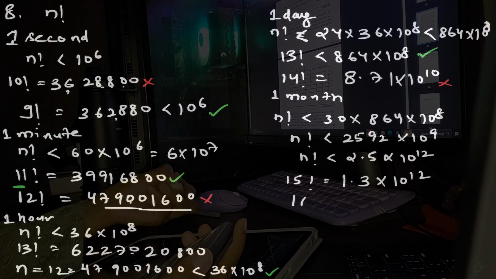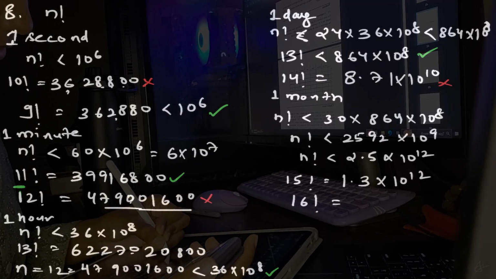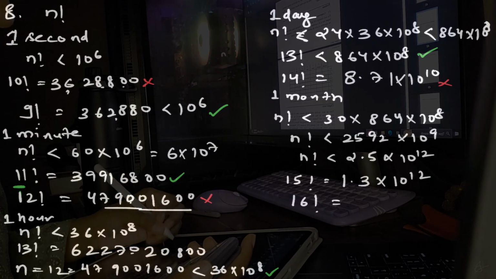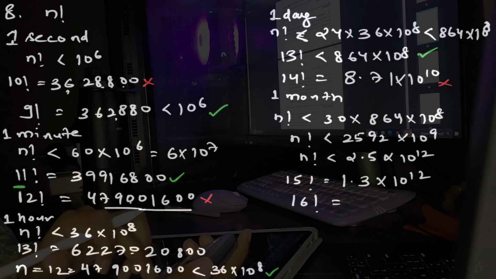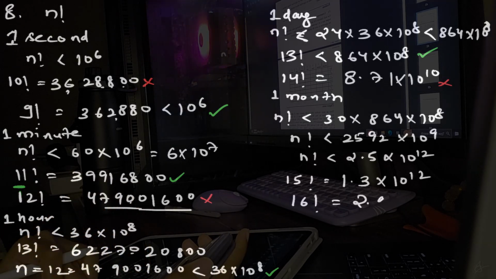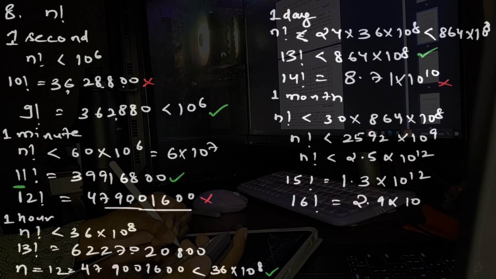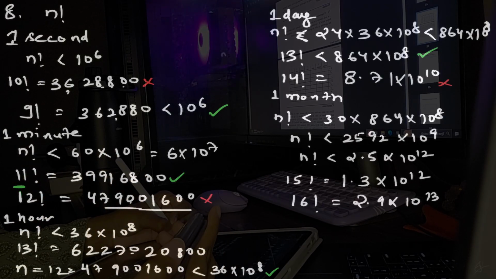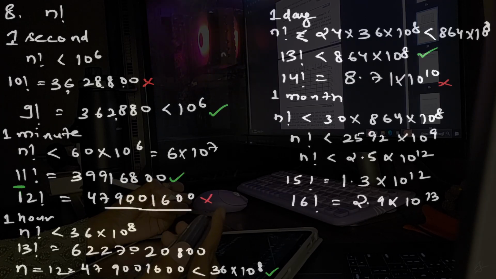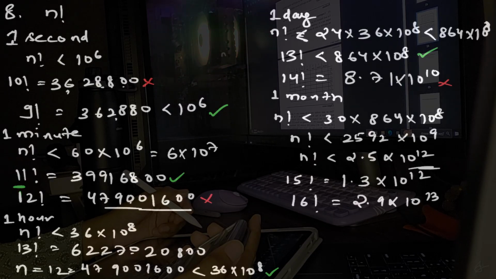Okay, that means 16 factorial could also work. I mean, obviously not, but we have to prove it. So 16 factorial is 2.09 into 10 to the power of 13. So obviously it is greater than this. So for 1 month, 15 is the correct value.